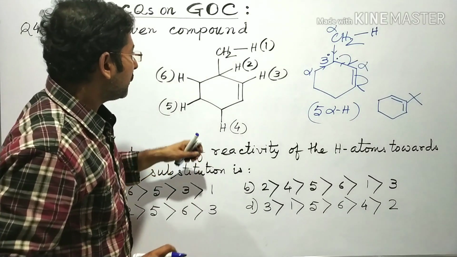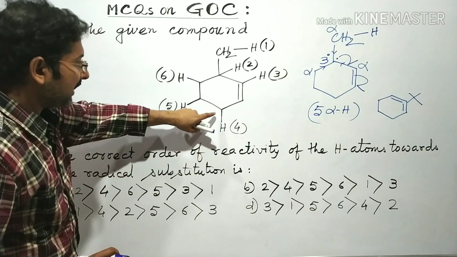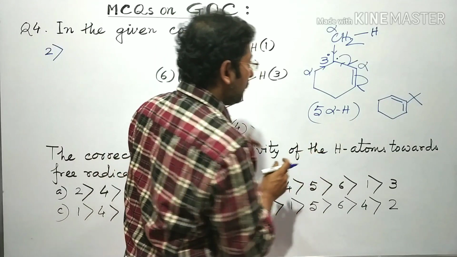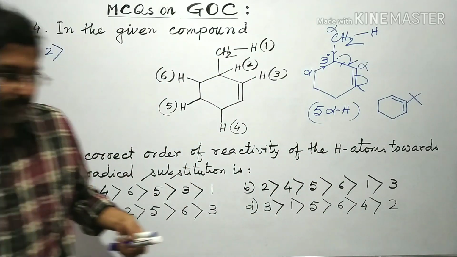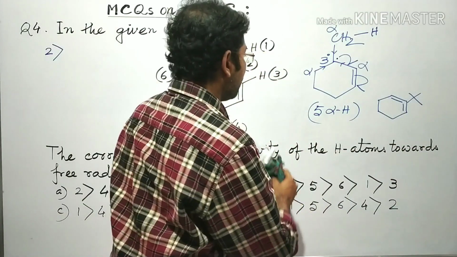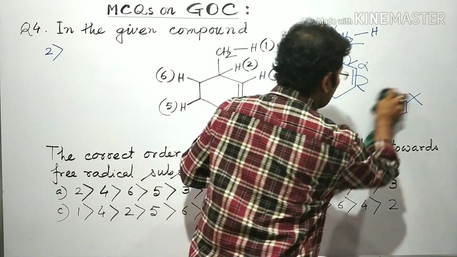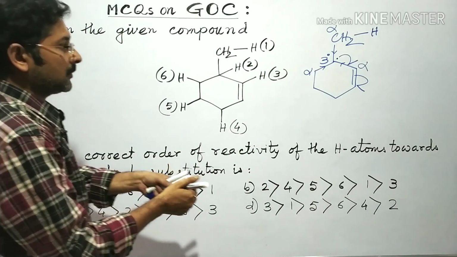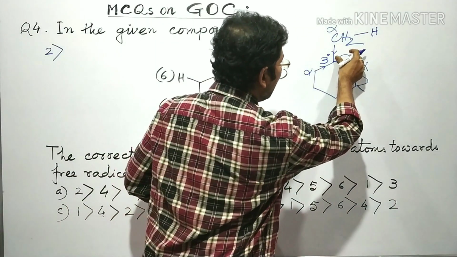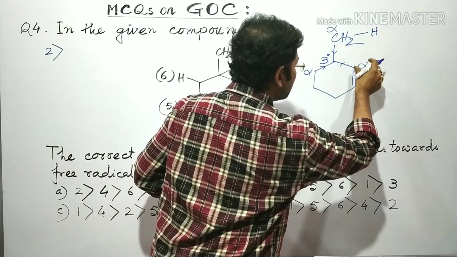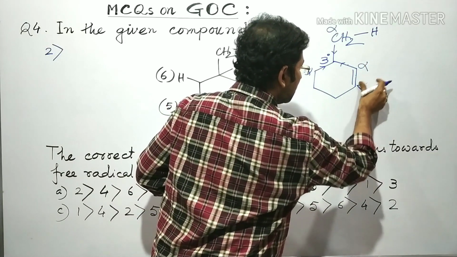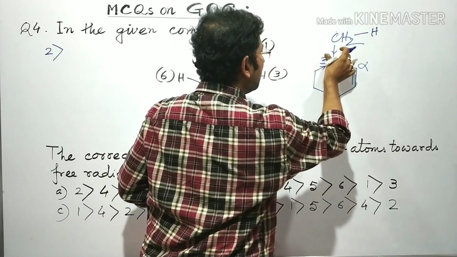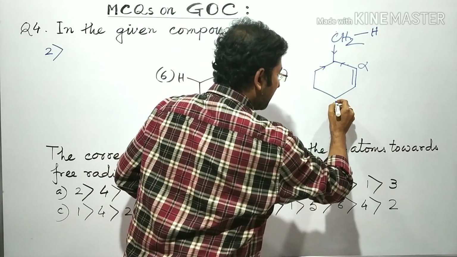Next, we consider another allylic hydrogen atom here. Next, we have to consider the free radical over here.